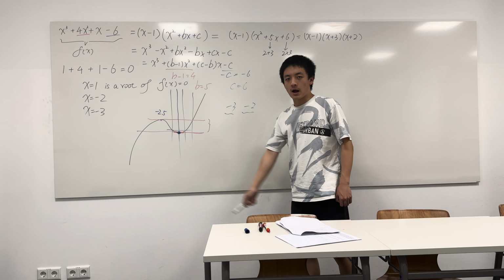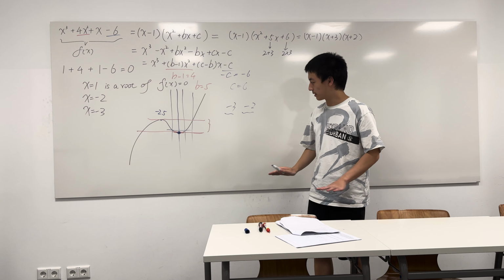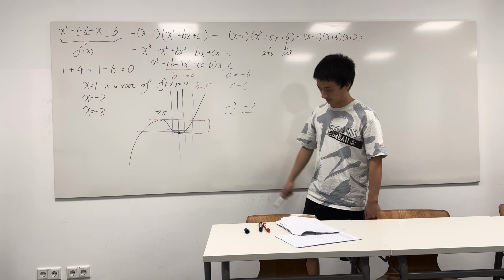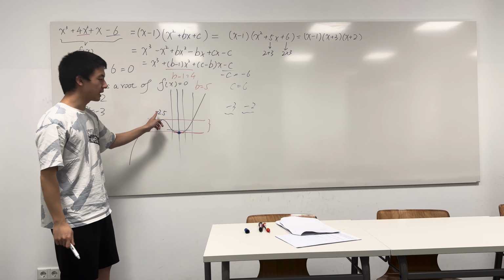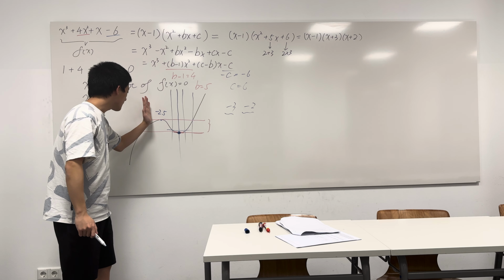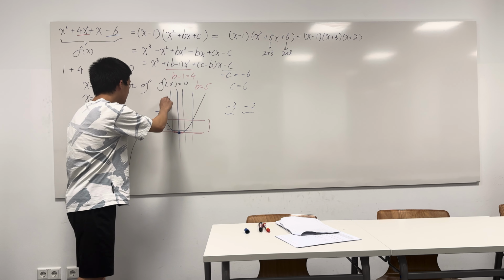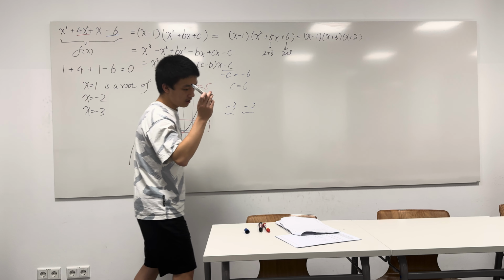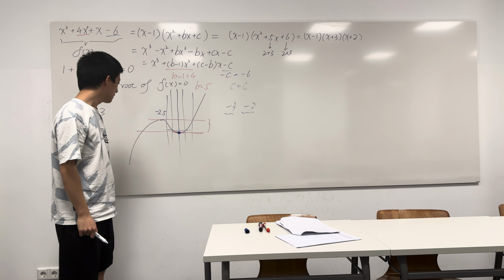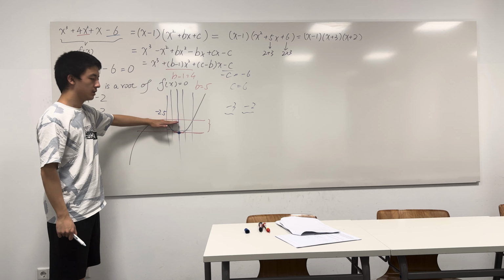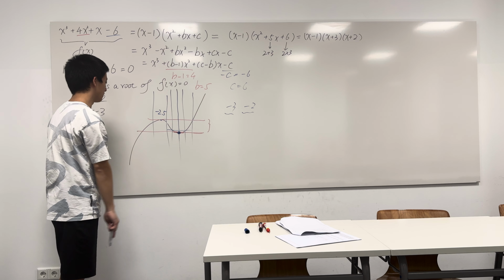If you have a graph, you don't have to think that much. Obviously, negative 3. Why? Because here's negative 2.5, negative 3 is here, negative 2 is here. If the largest possible value of b is negative 2, you see, it's not one-to-one, it's many-to-one. So obviously it should be negative 3.